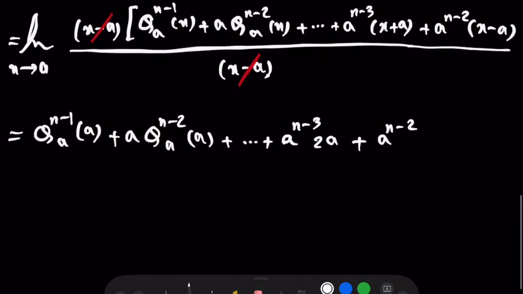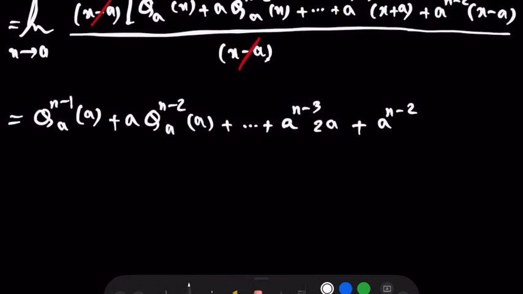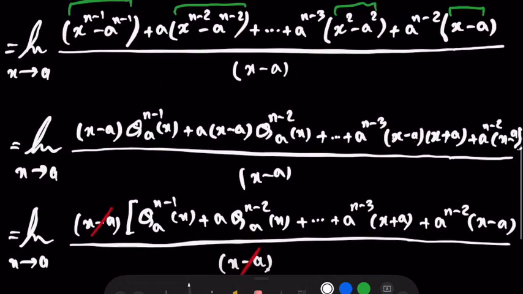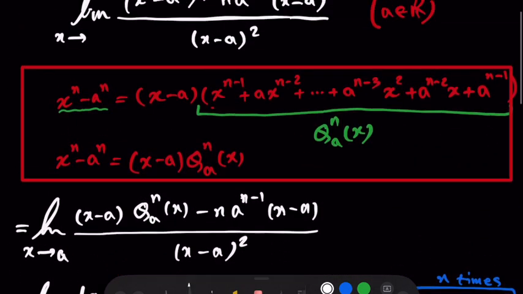To simplify this one, we need to talk about the value of q n a at a. So let's go back to the formula for q n a at x.